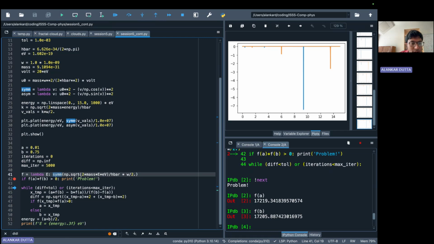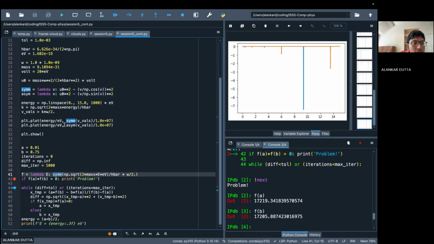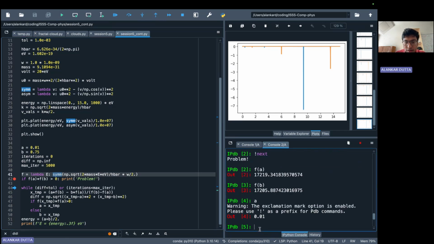F passes the E, you have the K's, K times W by 2, and K is 2ME over H bar, and energy we pass in the value that we have. All right, so let's see.